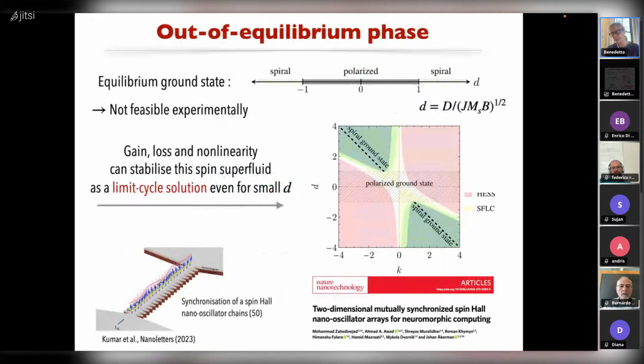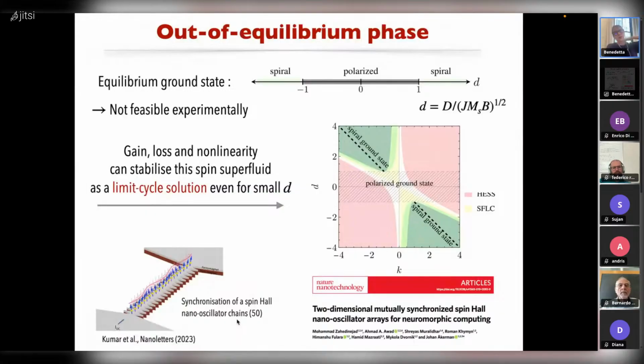But again, similarly to its more well-known easy plane analog, this state was proposed as a spin superfluid state but was never experimentally detected.